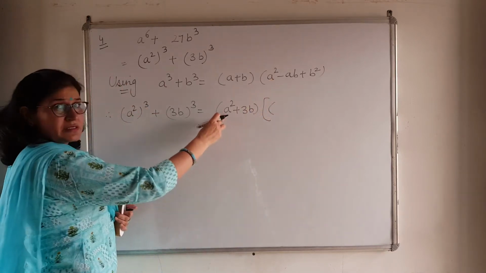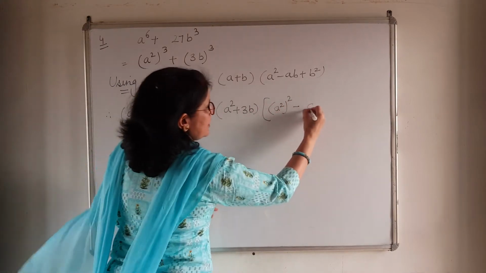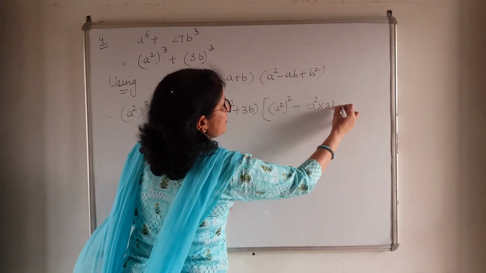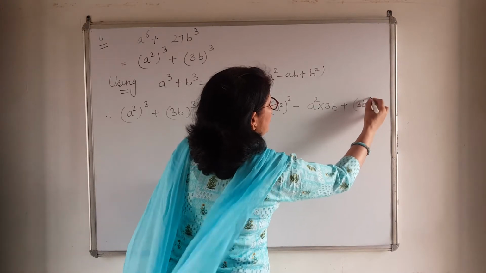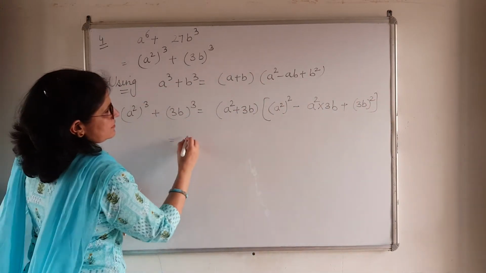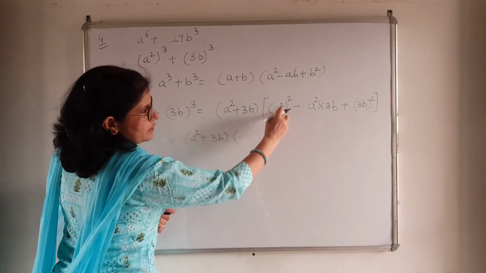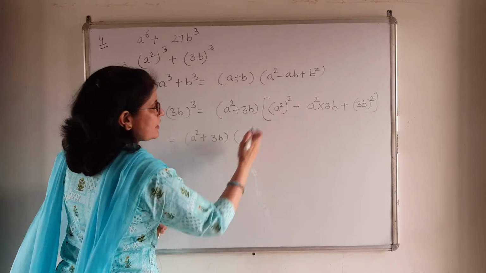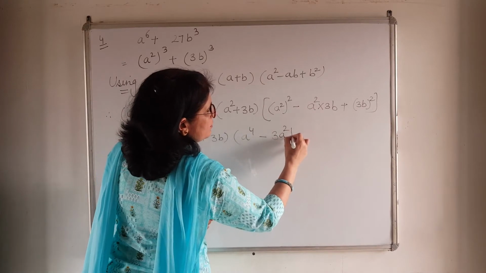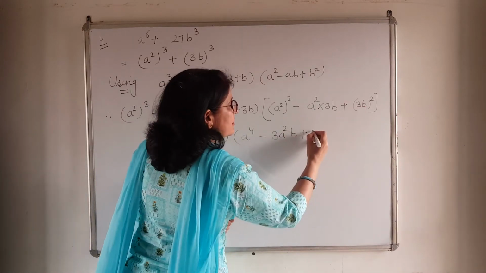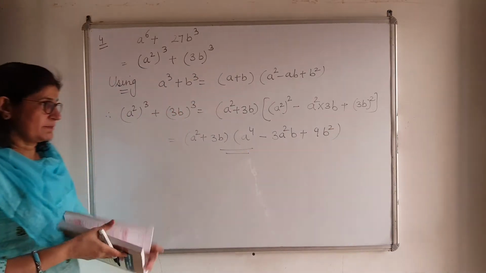Square of first term is a square, minus their product, a square into 3b, plus square of second term, 3b whole square. A square plus 3b into, now we open these powers, 2 2s are 4, a^4 minus 3a square b plus square of 3 is 9, 9b square. So these are the factors.